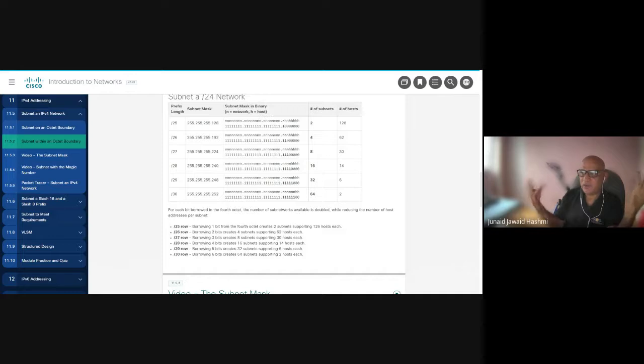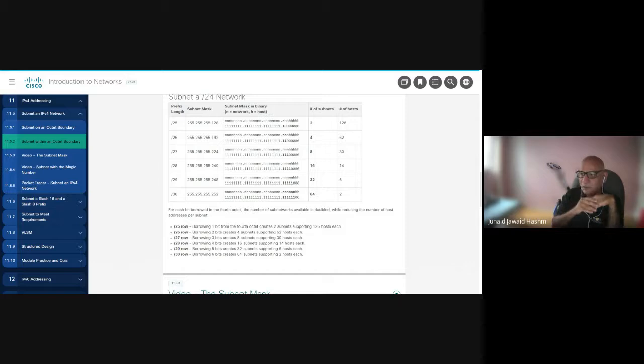You only have to borrow, what you have learned before, where you take the bits from the host portion and add it to the network ID, when you're working with the public IP address. The public IP address has to be configured legally, meaning you have to borrow the IP addresses and come up with different network IDs, which you don't have to do in today's network, mostly, unless you're working for ISPs.